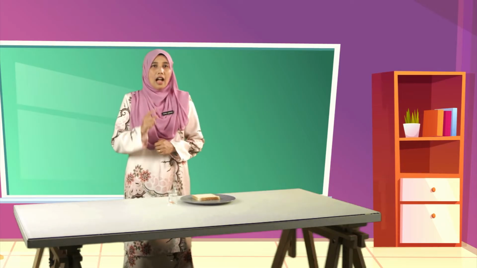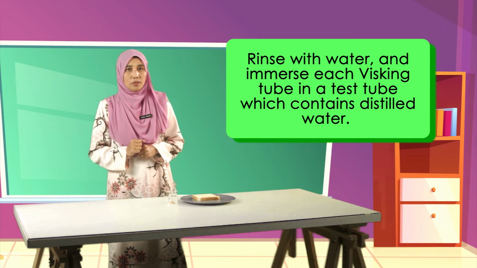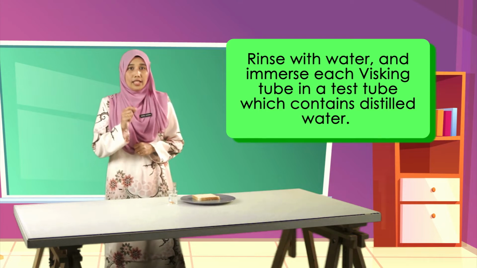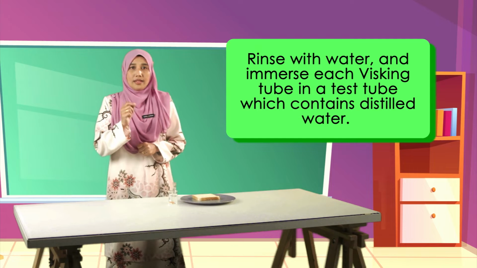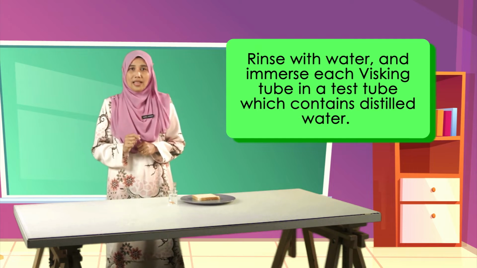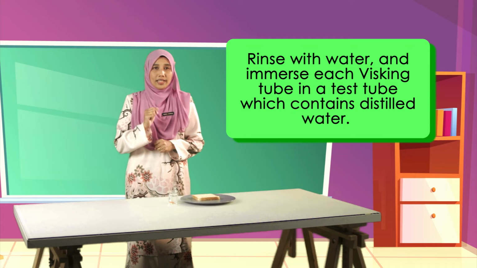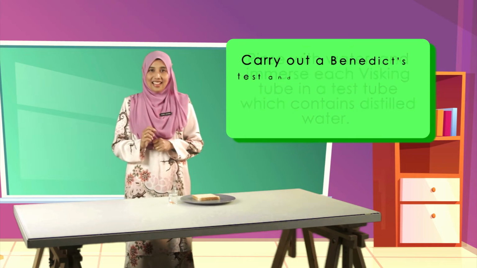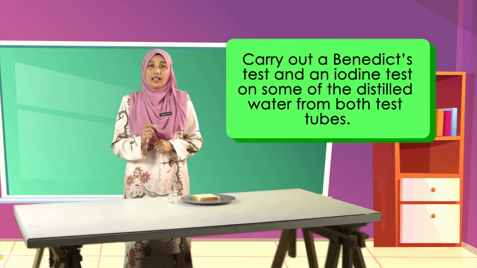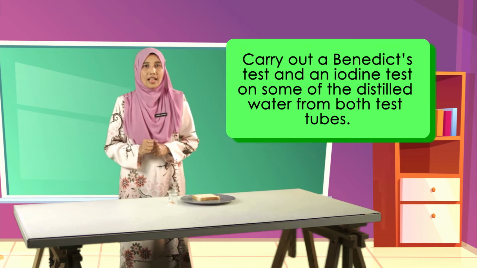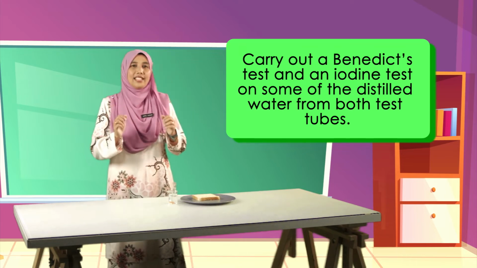Third, after tying up both ends of the whisking tubes and rinsing the tubes with water until clean, immerse each whisking tube in a test tube containing distilled water. Then, carry out a Benedict's test and an iodine test on some of the distilled water from both test tubes.